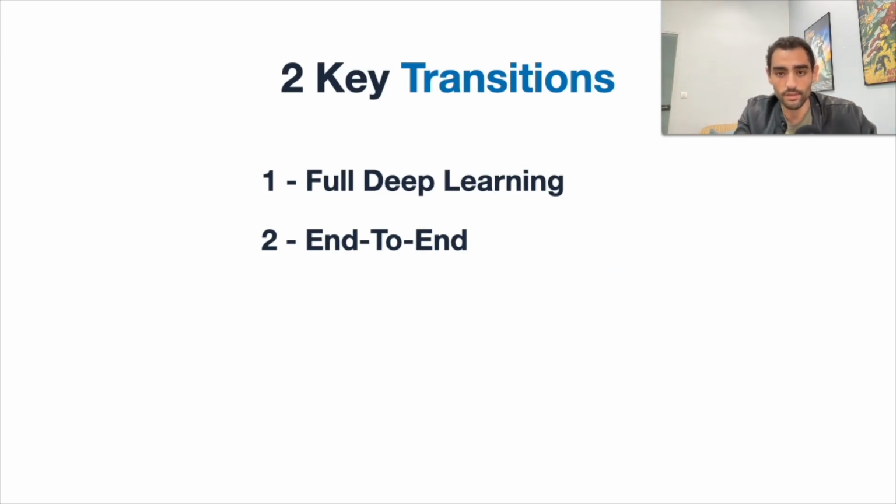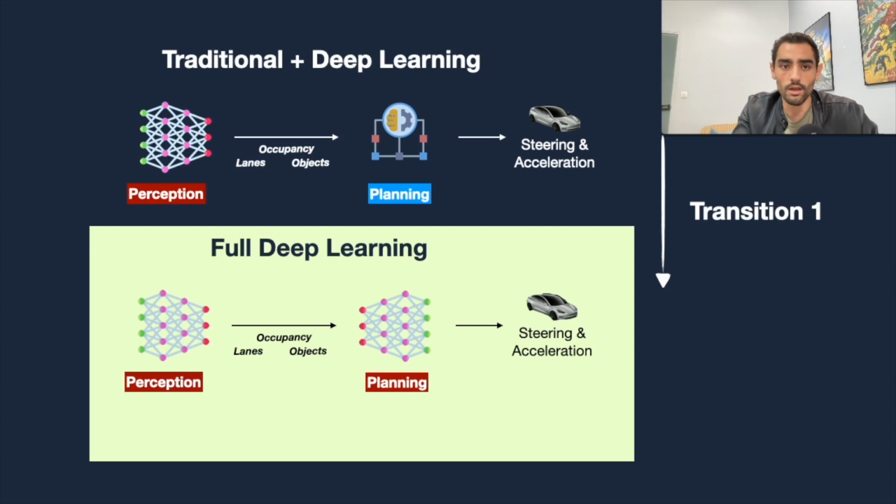If we're talking about full deep learning, currently we have traditional plus deep learning with Tesla. On the perception side, we have full deep learning, but on the planning side, we still have the tree search that is not really deep learning. It's more like we input manual rules. Now the transition means we're going to need to convert that element to a deep neural network, so now a neural network will do the planning.